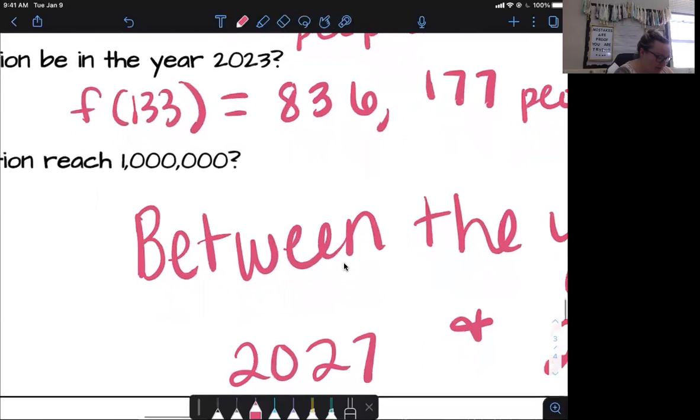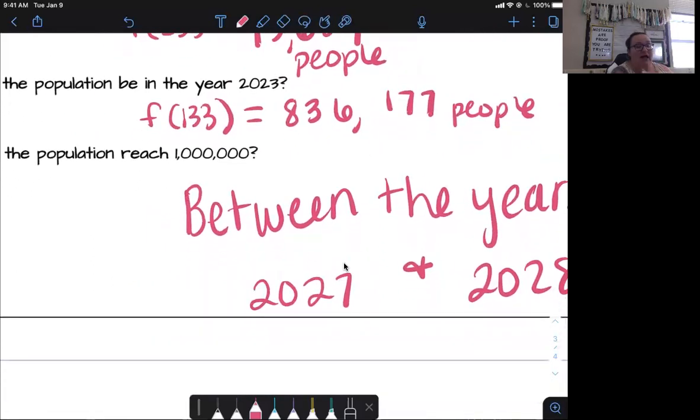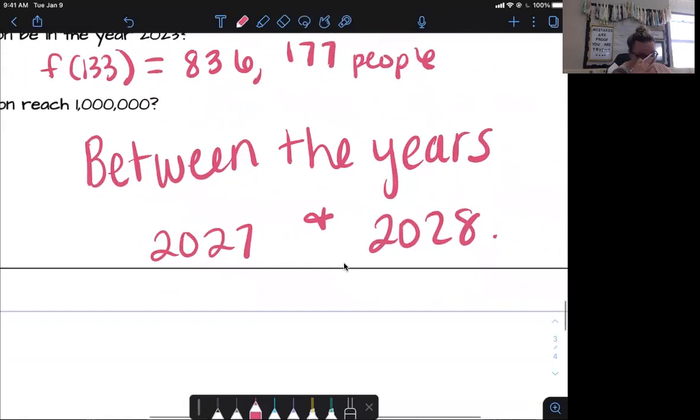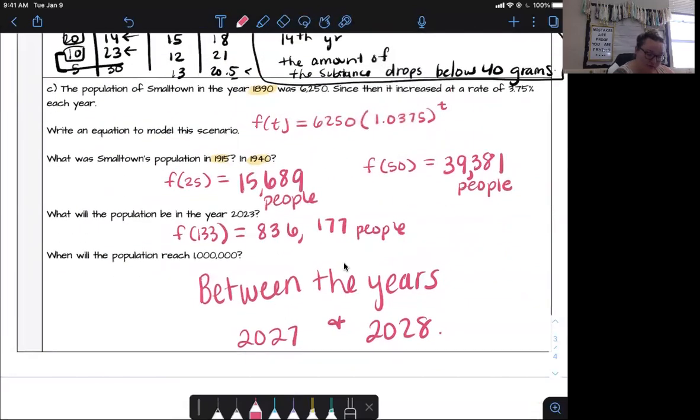So I just plugged in numbers that were close to 133, but higher than that, to figure out where that crossover from the 900,000s to 1 million would be. And I found that it would be between the years 2027 and 2028 when the population of the small town will reach 1 million people according to this model.